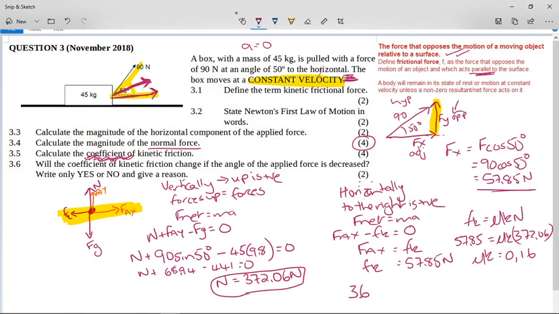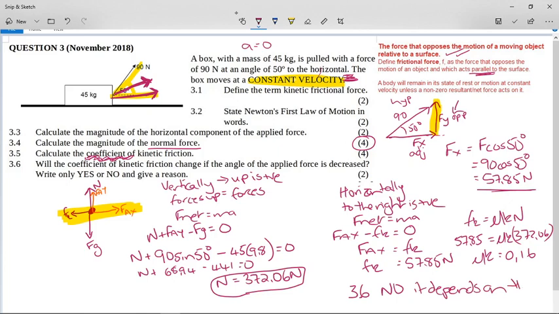What will happen to the coefficient of kinetic friction? Now, the short story is the absolute value of the friction will change, because by changing this applied force, we change the normal force. But the coefficient of friction depends only on the nature of surfaces in contact. So no, the coefficient of kinetic friction will not change, because it depends on the nature of surfaces in contact.